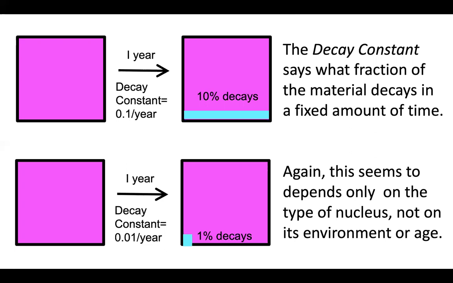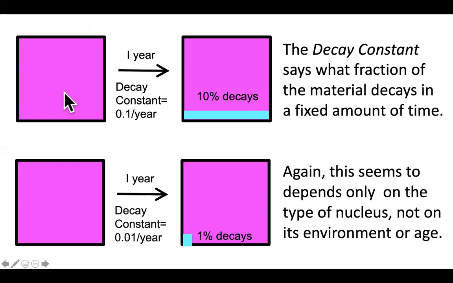But what's a thing to notice here is I'm not telling you anything else other than how much material we had together at some point. I don't know if this material was thousands of years old when I got it, or was just made yesterday in some sort of nuclear reactor.